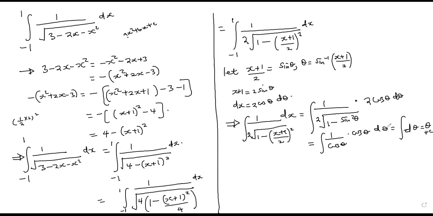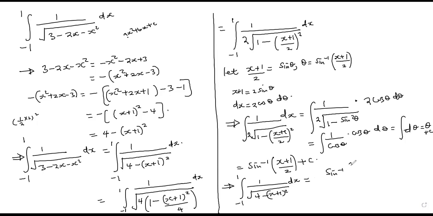But theta is sine inverse, so that is equal to sine inverse of (x plus 1) over 2, plus a constant of integration. But the moment you bring in the limits, it implies that the integral from -1 to 1 of 1 over root of 4 minus (x plus 1) squared dx is equal to sine inverse of (x plus 1) over 2, from the limits -1 up to 1.